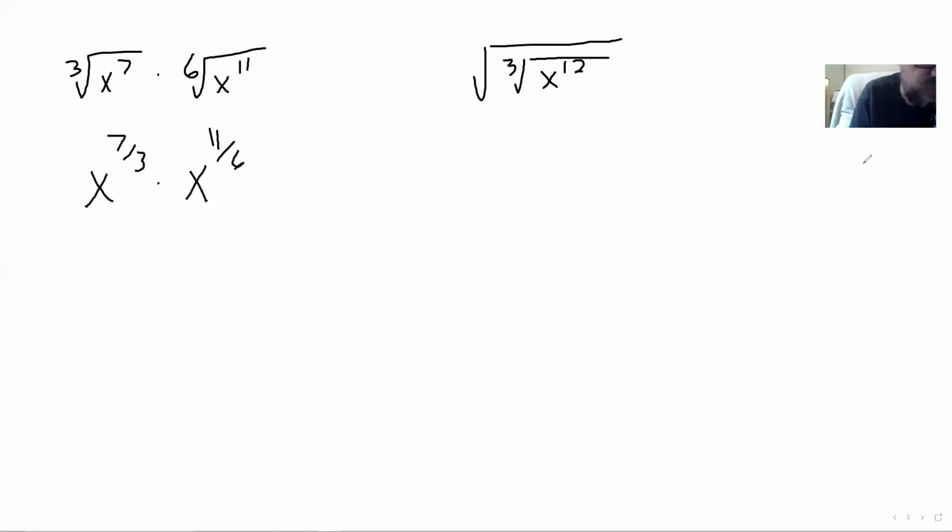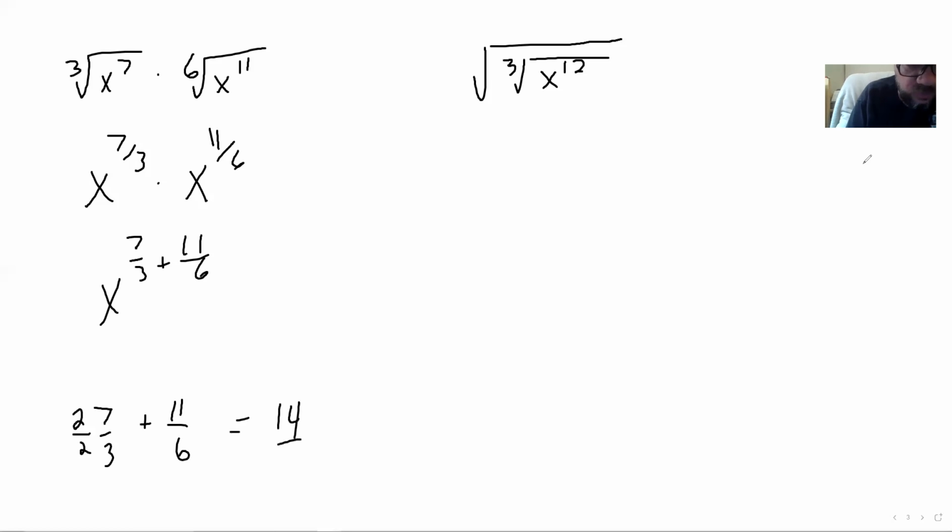So this is going to be x to the 7 over 3 plus 11 over 6, which I'm just going to go off to the side and get a common denominator and add them. Well, my common denominator is 6, so this is 14 over 6 plus 11 over 6, which is 25 over 6. This is x to the 25 over 6.